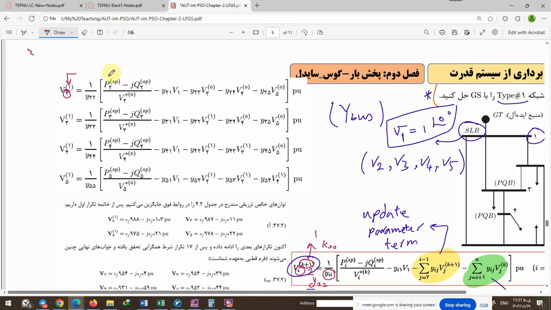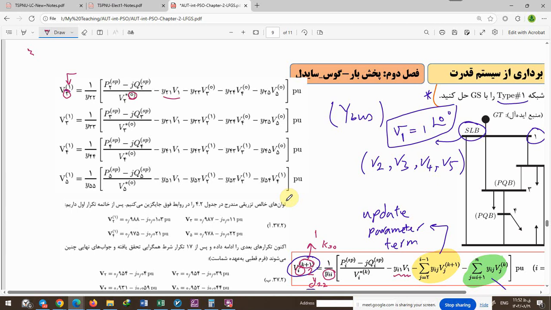P2, the pure injection active power, minus jQ, the injection reactive power, on V2 conjugate in 0 or initial value, minus Y21 V1, minus the yellow part. The yellow part is the update parameters, but in the first try we don't have any update or new version of parameters.